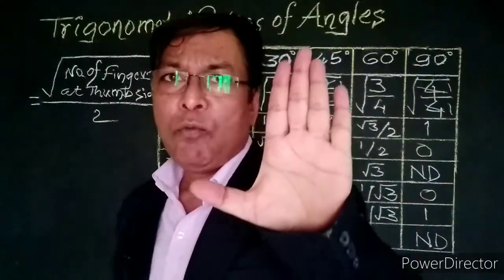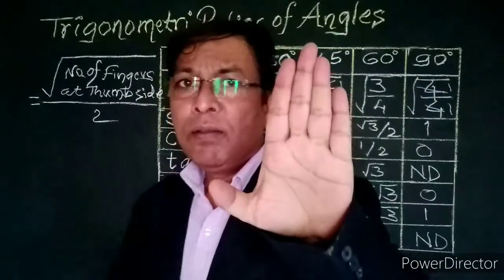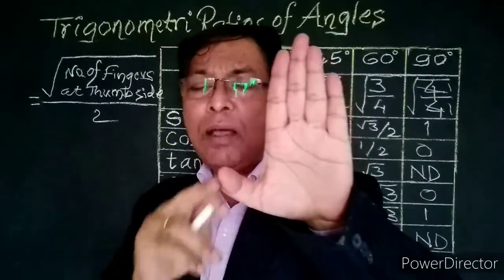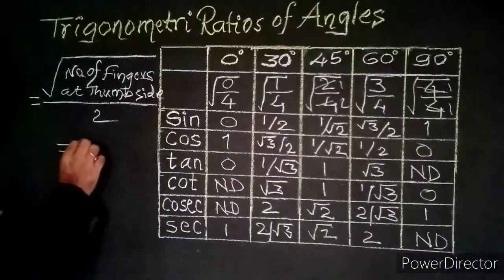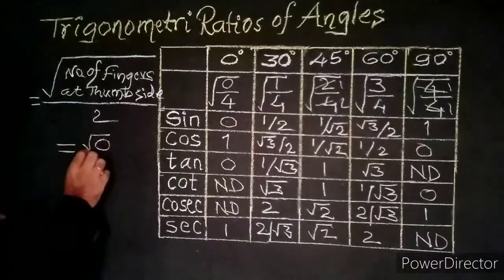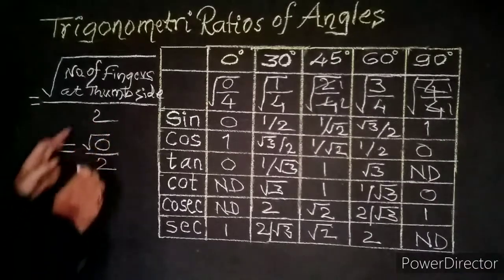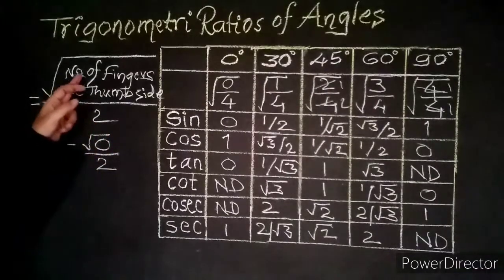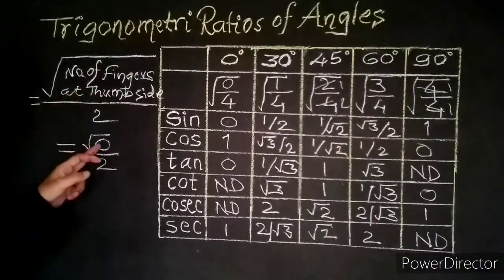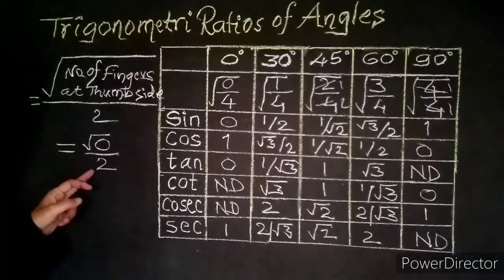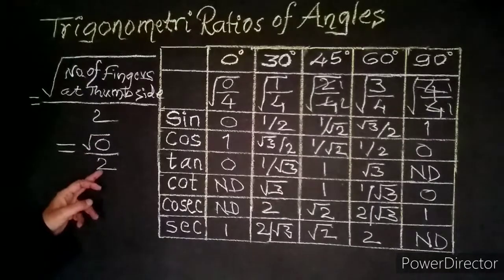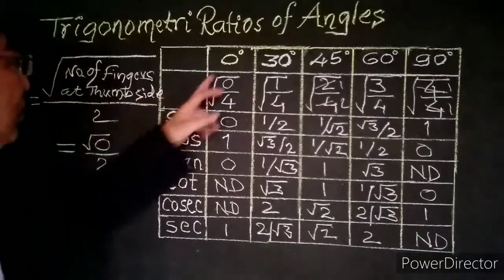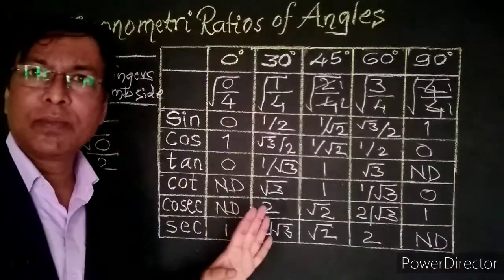When we fold the thumb, no finger is at the thumb side, so 0, square root of 0 divided by 2. I have written 0 and divided by 2. 0 divided by any number is 0. Therefore, sine 0 is 0.